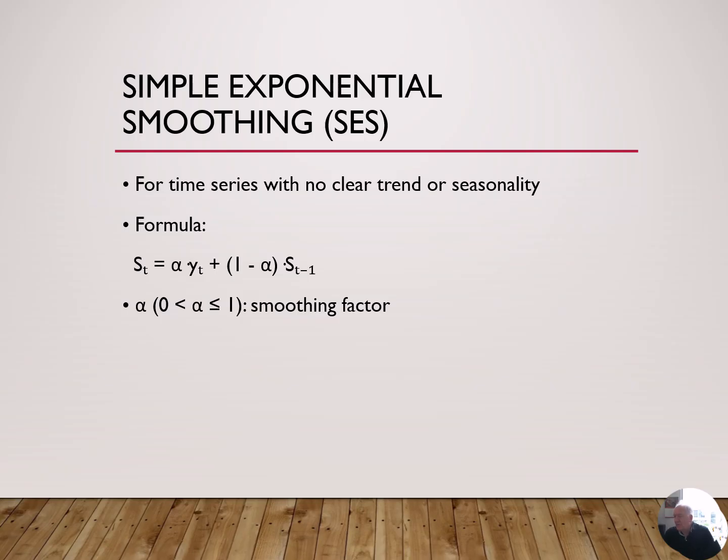What we'll use is alpha, the smoothing factor, which is somewhere between 0 and 1, and what you do is look for the best value. Luckily, we can have the computer figure out the best value for us.